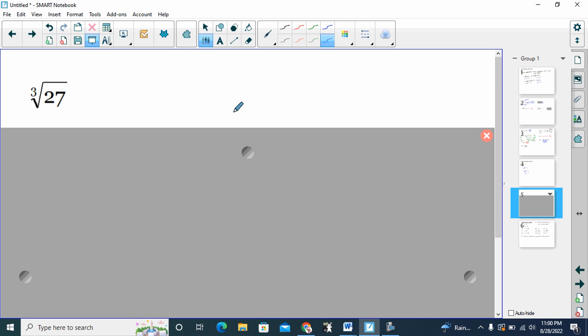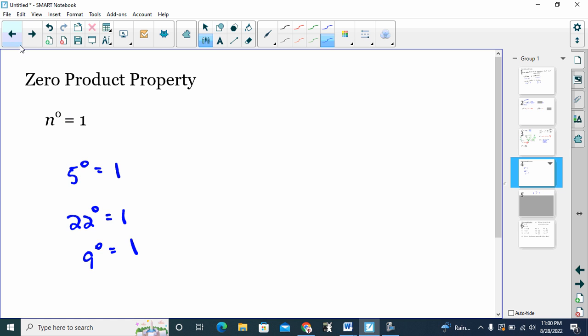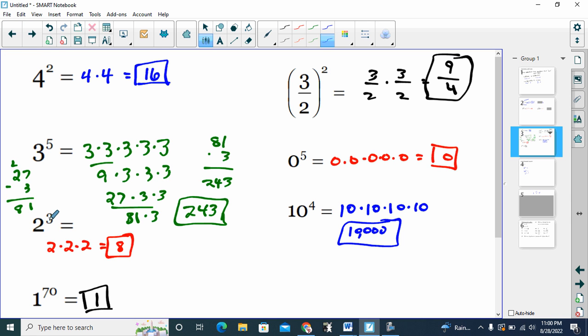Roots. Here we have the cube root of 27. So we want to think, what number times itself 3 times, what number cubed gives us 27? Well, we said, I guess 2 slides ago, 2 to the 3rd power, 2 times 2 times 2, is 8.